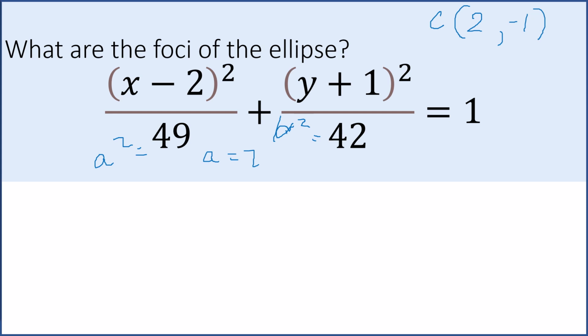I'm not drawing that right. Let me erase that. I don't think I'm ever going to get better at using these little pins and the mouse, but here we go. Let's put b squared equals 42. So b is equal to the square root of 42.